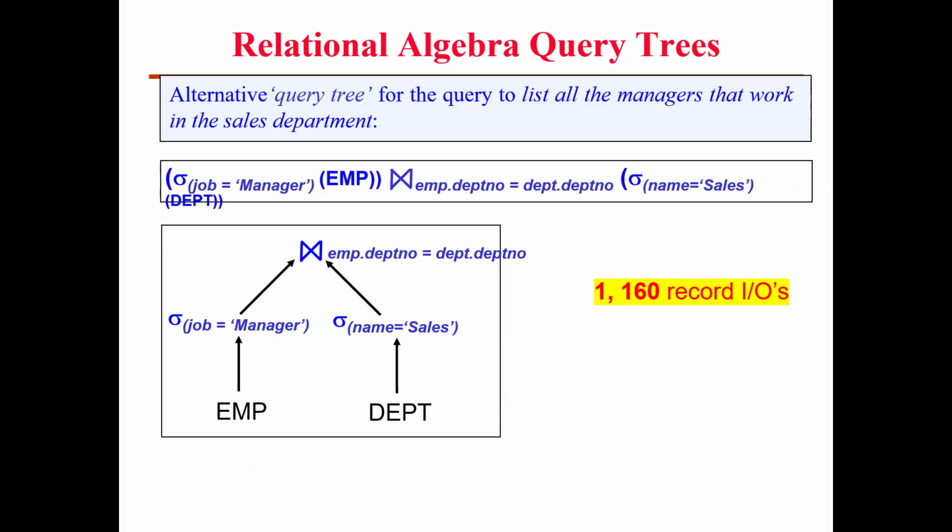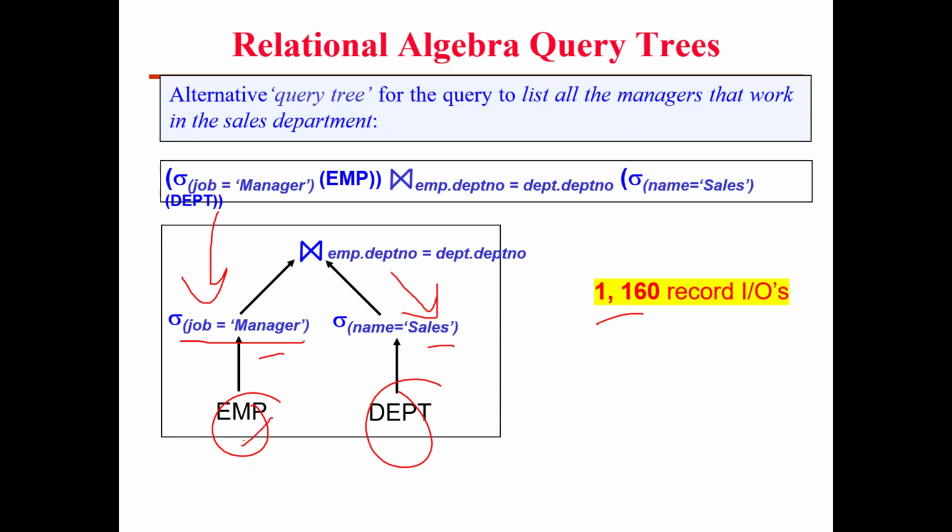Now the second one, let us draw. Here we have the emp table and the department table. Now, what did we do? We selected only those employees who are managers. So we are pushing the select down into the intermediate operation so that the number of records can be decreased. We selected only those departments whose name is equal to sales, and only those employees whose job is equal to manager.